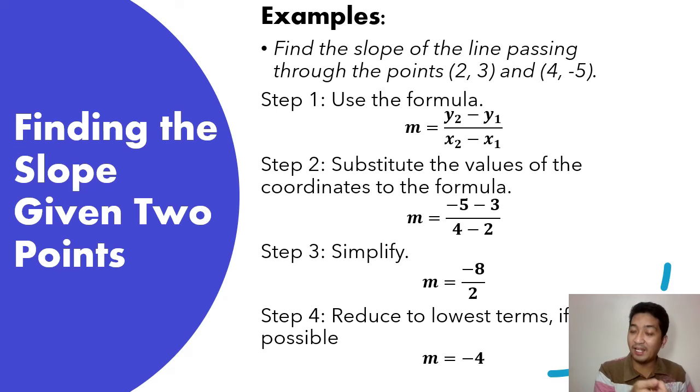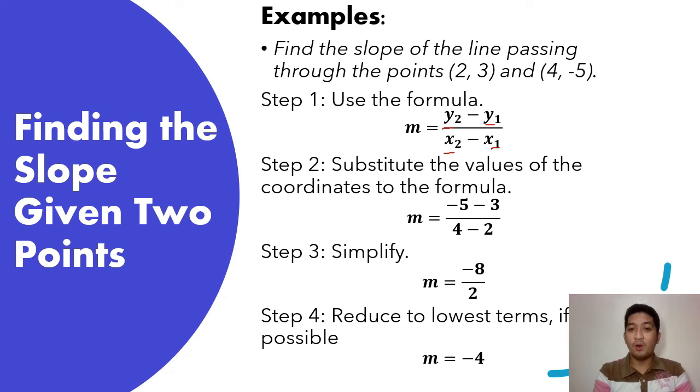The line hits the point (2, 3) and then (4, negative 5). You're asked to find how steep the line is, or the slope of the line. You can use the formula that we had earlier. In using this, first, you have to identify which is the y sub 2, y sub 1, x sub 2, and x sub 1.